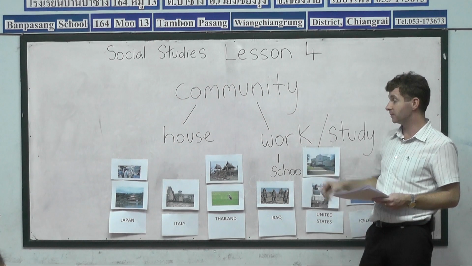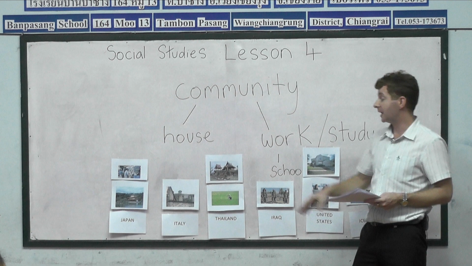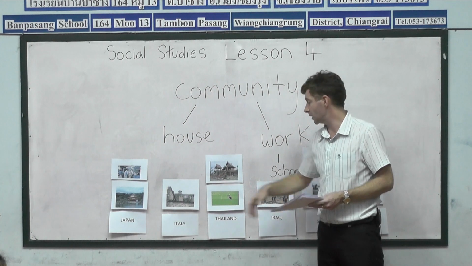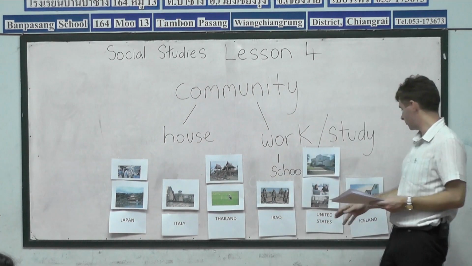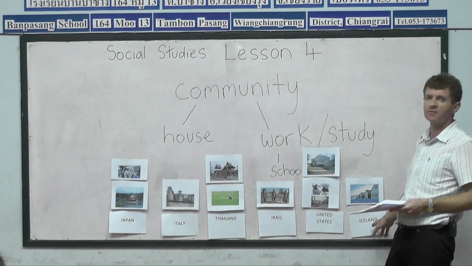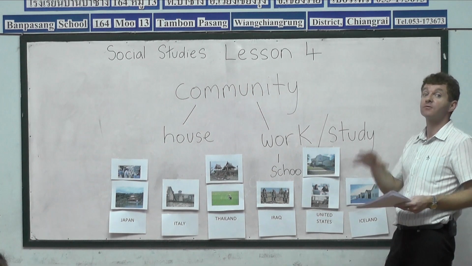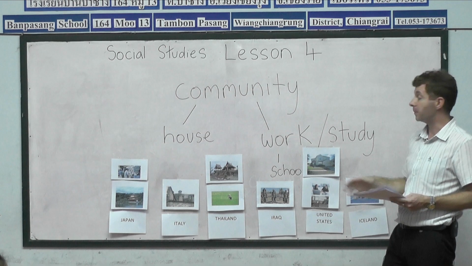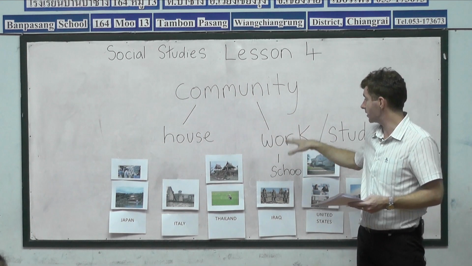Some look quite similar, like Japan and Thailand, because they're both in Asia. But when you compare Thailand to Iceland, very different. It shows how different parts of the world have different communities based on houses and work.